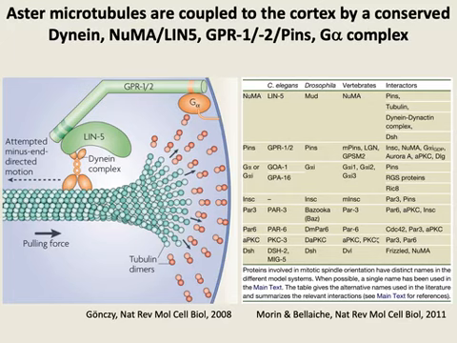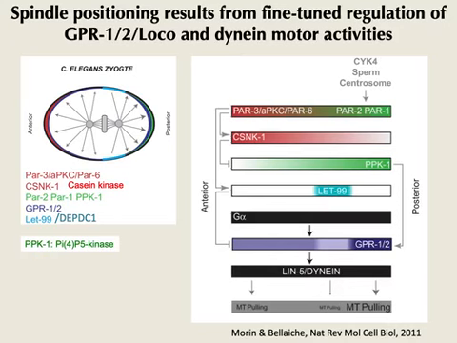We have not yet answered the final question, which is how do you position it once you've anchored it, right? There is some answer in this last slide I'm going to talk about today. So, I'm sorry, we're not going to go into the fly stuff, but I'd rather try to explain better the C. elegans part. That means I won't hold you responsible for the fly stuff in the exams.